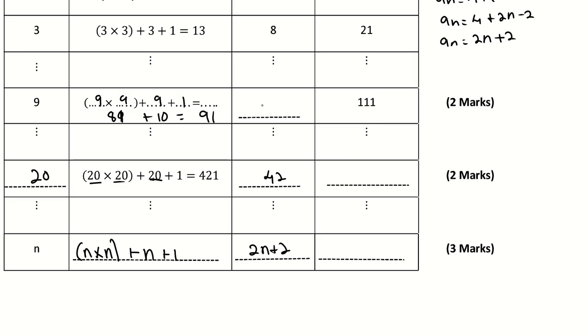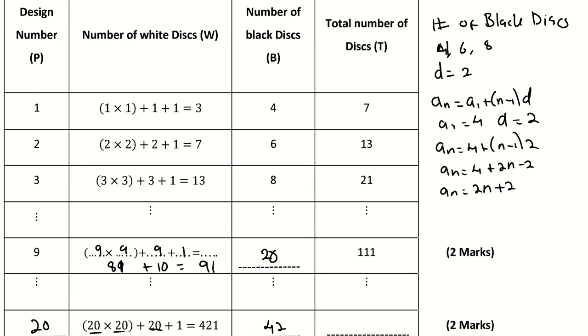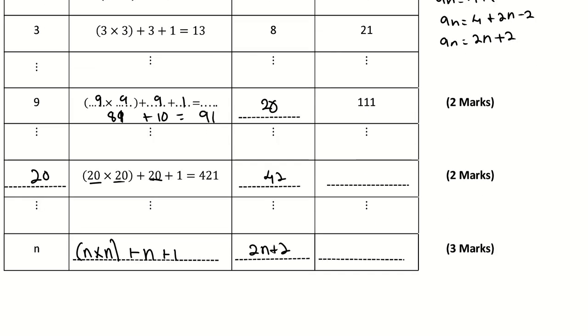Then this one, 9 by 2 is 18. 18 plus 2 is 20. Right? And then we know that this fourth section, they told you the total number of this. So we're basically adding your number of white disks plus your number of black disks. Right? If you want a formula for it, you can add.